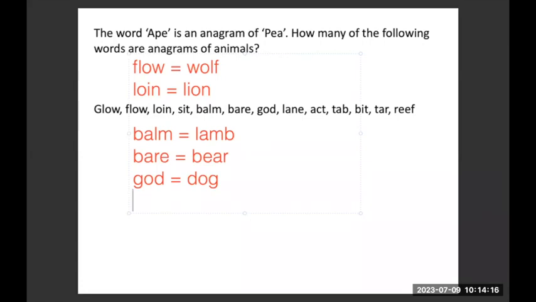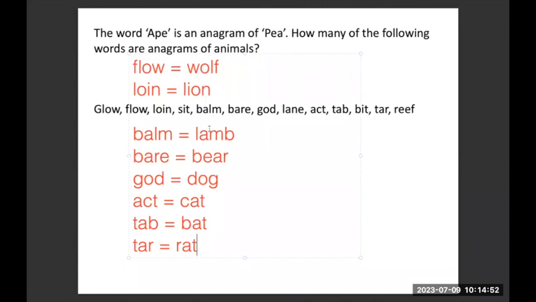Lane, Elaine, no. Act, cat. One second. Cat. Tab, bat. Possible. Tip, it. Not possible. Tar, rat.